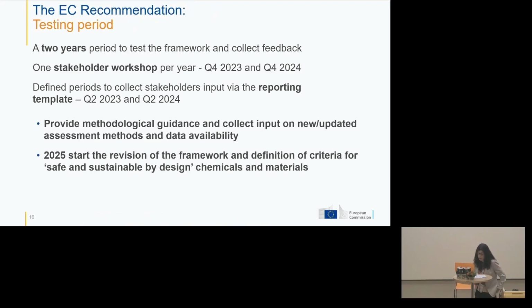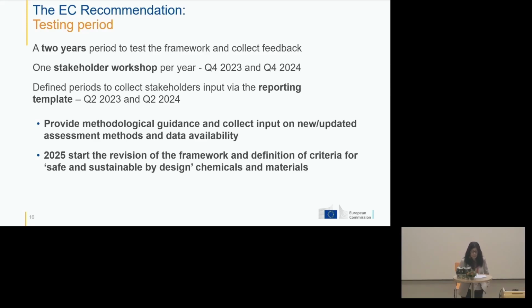The recommendation proposed, it's a 2-year period testing phase that will include the reporting period in 2023 and 2024. The one in 2023 started beginning of May and will last until end of June, and similarly will happen next year.